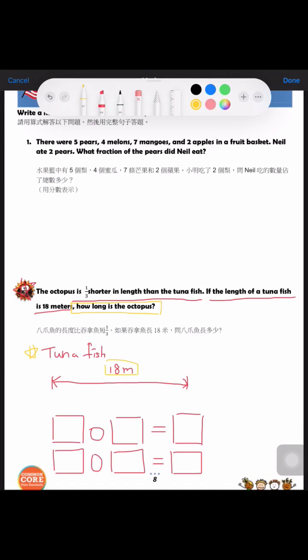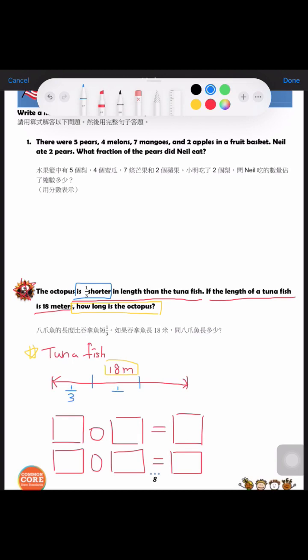And the octopus is 1/3 shorter in length than the tuna fish. That means we need to split 18 into 3 parts. And each part represents 1/3.